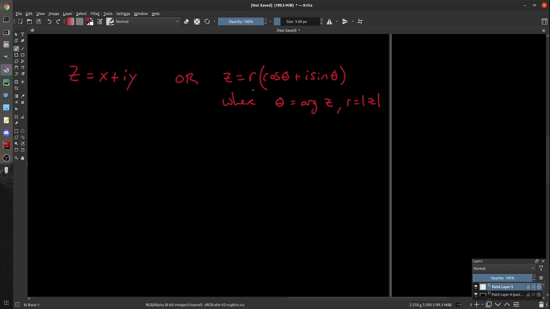But wait a second. What is this little business right here? This is saying z is given by mod z times cosine theta plus i sine theta. Wait a second. This is e to the i arg z. Oh, how about that? Now I've just written every complex number in terms of its modulus times e to the i something.